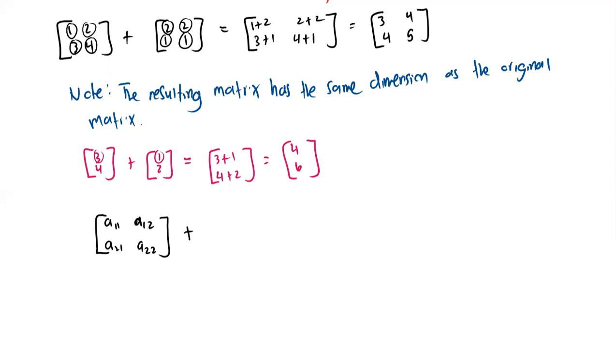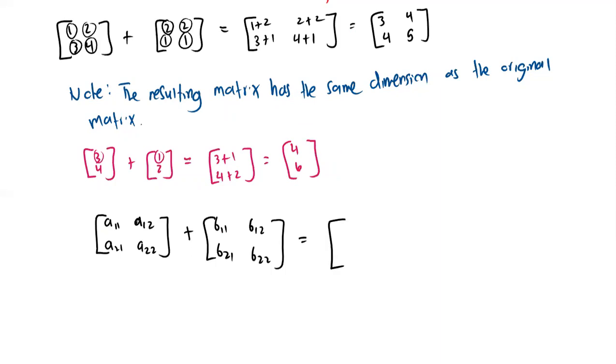A12 has those subscripts because it's in the first row, second column, etc. And then we have B11, B12, B21, B22. Again, notice that the subscripts match. B sub 21 matches because it's in the second row, first column, and B sub 22 matches because it's in the second row, second column.